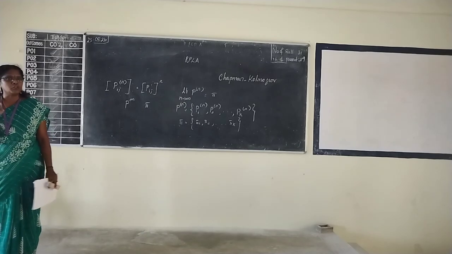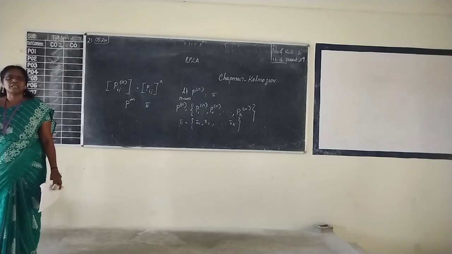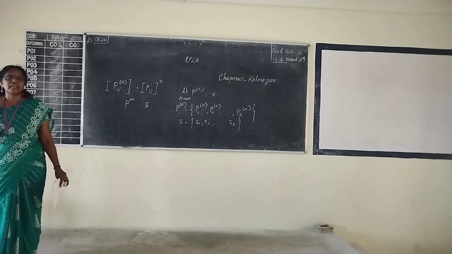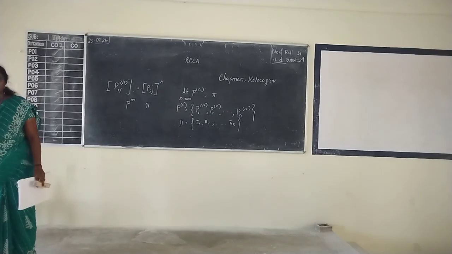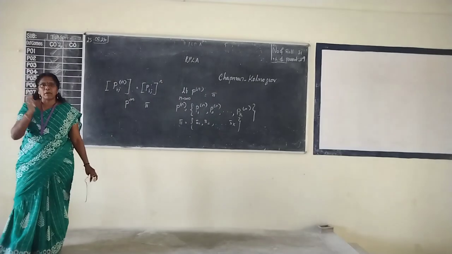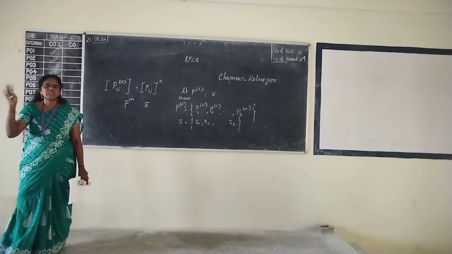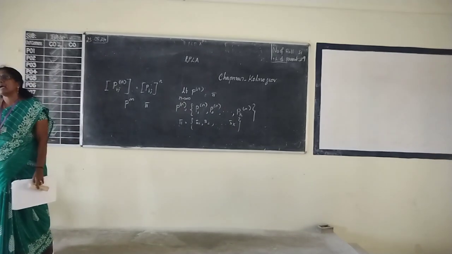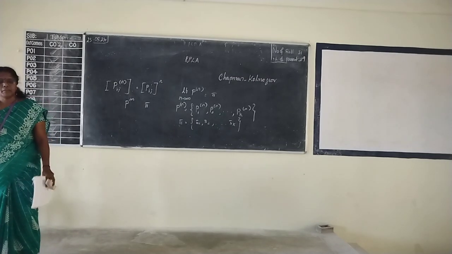Whether there are 2 states or 3 states, pi 1 plus pi 2 is equal to 1. If it is 3 states, pi 1 plus pi 2 plus pi 3 should be equal to 1. If there are n states, pi 1 plus pi 2 and so on up to pi n should be equal to 1. You use this concept to solve the problem and identify what pi 1 and pi 2 are. Okay, make a note.